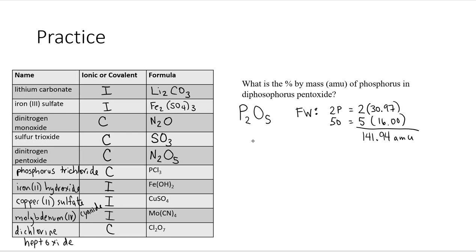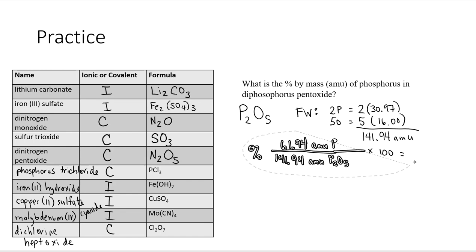And now to figure out the percent by mass of phosphorus, you're going to put how much of that is phosphorus. So 2 times 30.97, 61.94, that's AMU of phosphorus, divided by the 141.94 AMU of the whole thing of the P2O5, times 100 gives you, I keep running my stuff into other things.